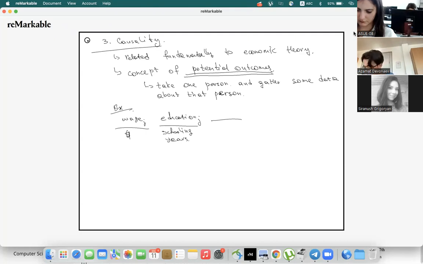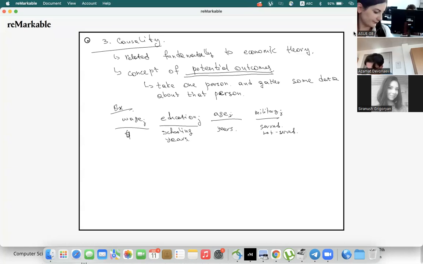Age. Exactly. Age for this person J, which is measured in years, right? Let's take, I don't know, military service. It's the classical one. Military for this person J, which is measured in whether it's served or not served. It's a dummy variable, basically.